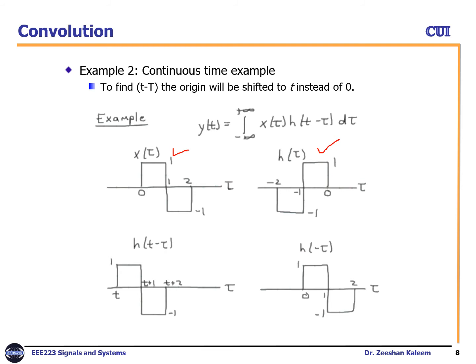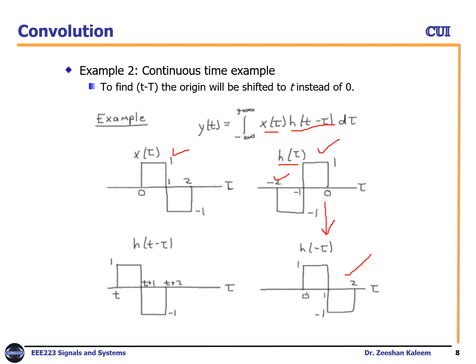Now you know that for convolution we need two things, x of tau and then h of t minus tau, not h of tau only. So to calculate h of t minus tau, as we did before, we need to first calculate h of minus tau. So h of minus tau, this one, right? So h of tau you need to flip at the origin, so it becomes 0 here, and minus 1 becomes 1, and minus 2 becomes 2.